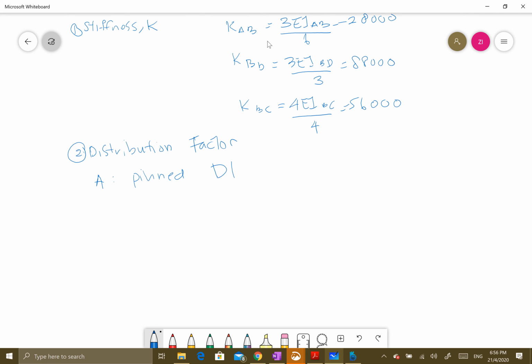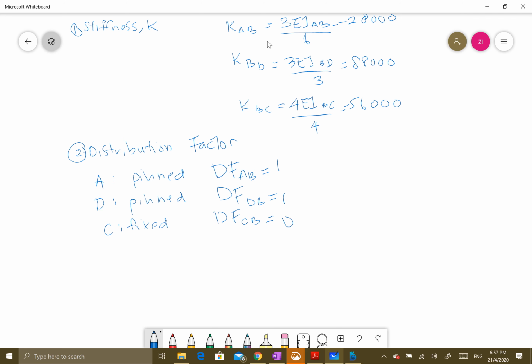So DF AB equals to 1. So for D is also pin, therefore DF DB equals to 1, and for C is fixed. Therefore, DF CB equals to 0.